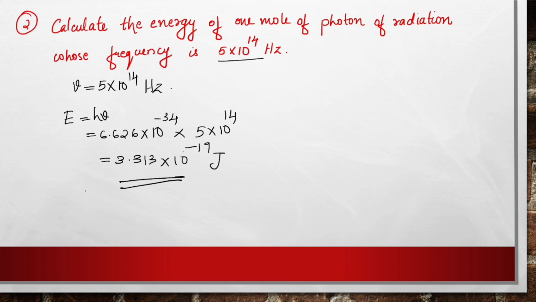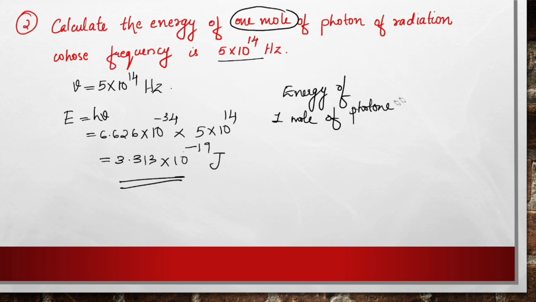But in the question, energy of 1 mole of photon is asked. So the energy of 1 mole of photon is equal to Avogadro number, that is Na, into the energy value, that is 6.022 into 10 raised to 23 into 3.313 into 10 raised to minus 19 joule.